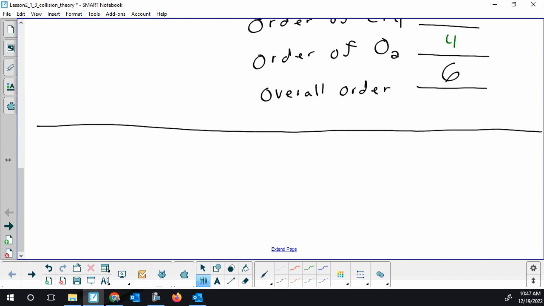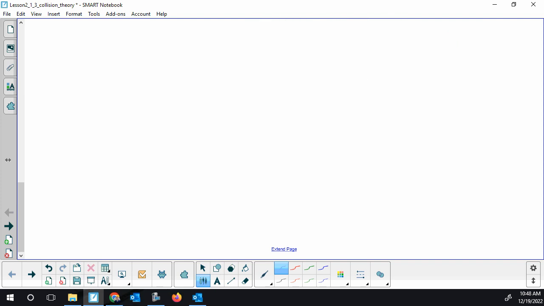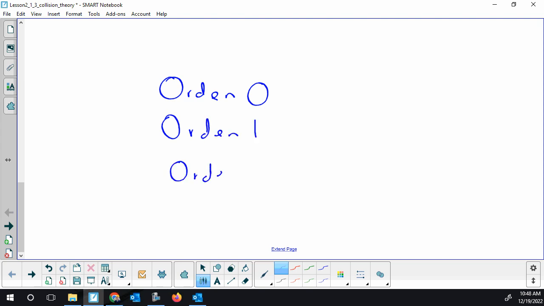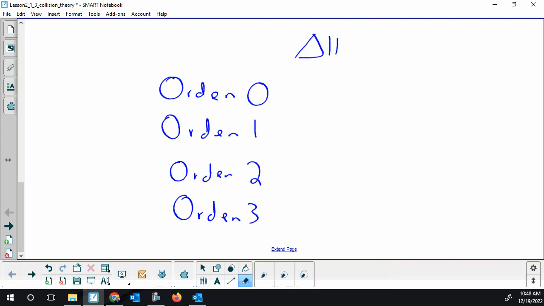Last bit on this topic before we jump into collision reaction theory is what is the effect of changing concentration as a function of the order? So we're going to look at order 0, 1, 2, 3. We're going to look at what happens with a change in concentration.